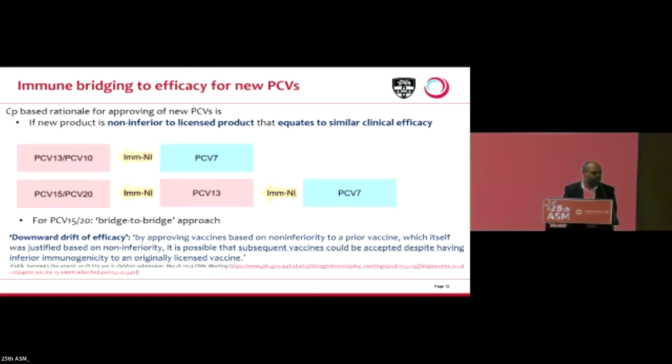PCV 15 and 20, which in their trials had PCV 13 as the comparator, were assessed using immuno non-inferiority to PCV 13, which in turn was licensed based on immune non-inferiority to PCV 7. And so for PCV 15 and 20, what we've got is a bridge-to-bridge approach. And the risk of that is this downward drift of efficacy, where the third vaccine could be accepted despite having inferior immunogenicity to the originally licensed product.